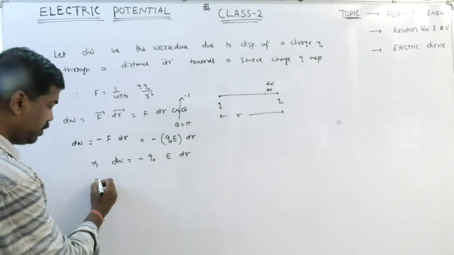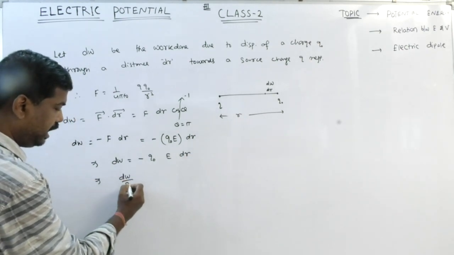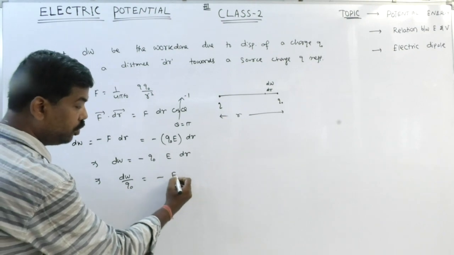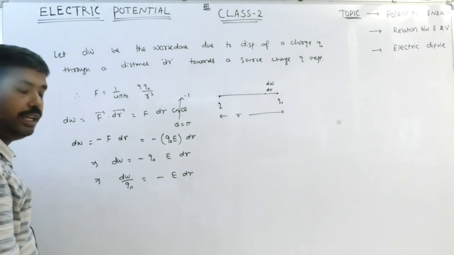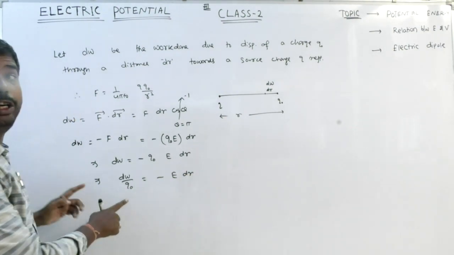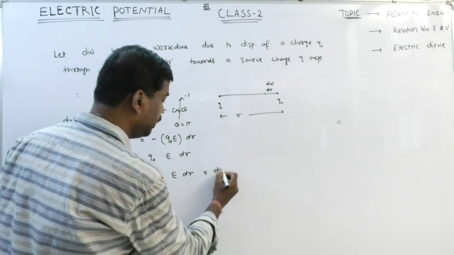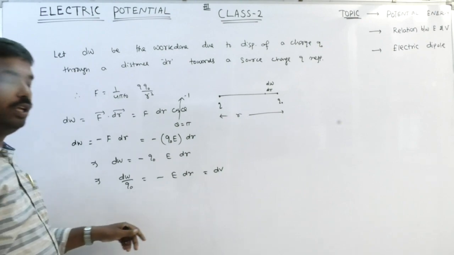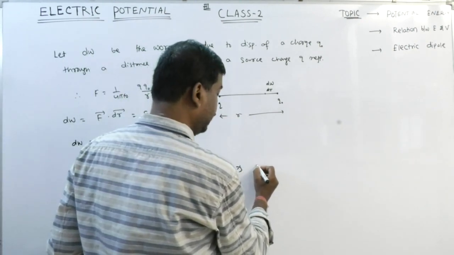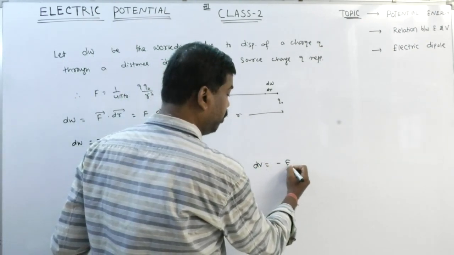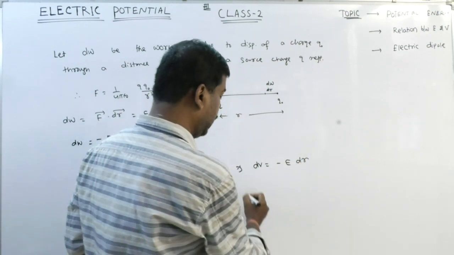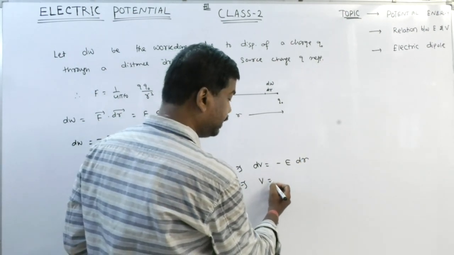So dW by Q0 is equal to minus E dr. And we know that work done per unit charge is nothing but the potential difference. Clear? So I can write dV is equal to minus E dr.